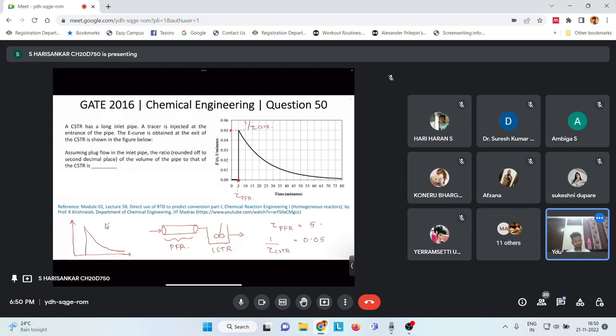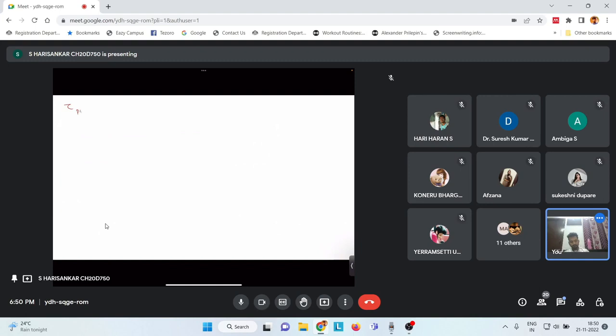Basically, tau of the pipe is 5 and tau of the CSTR will be 1 by 0.05, or you can write it as 1 by tau of the CSTR as 0.05.